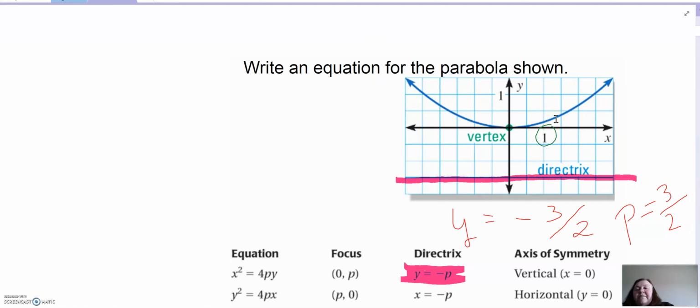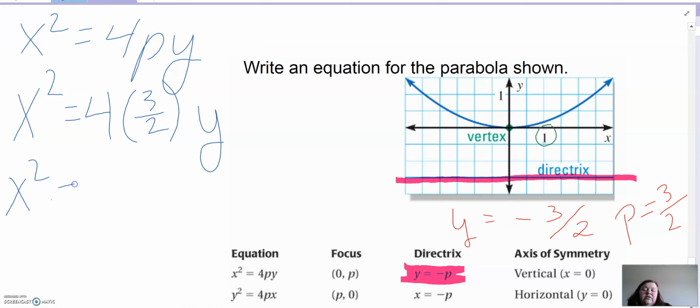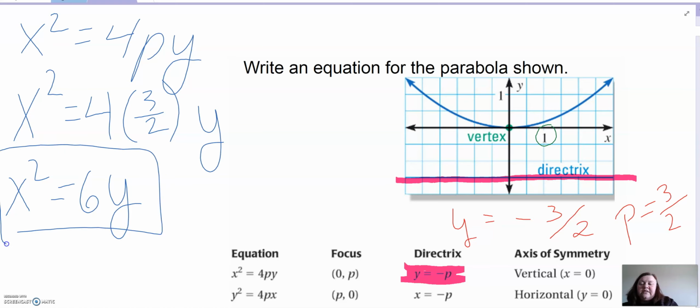So I'm going to go ahead and write my equation. x squared equals 4py. I just found out that p is equal to 3/2. So I'm going to plug that in for p. And if I multiply this out, 4 times 3 is 12. 12 divided by 2 is 6. So I get x squared equals 6y.